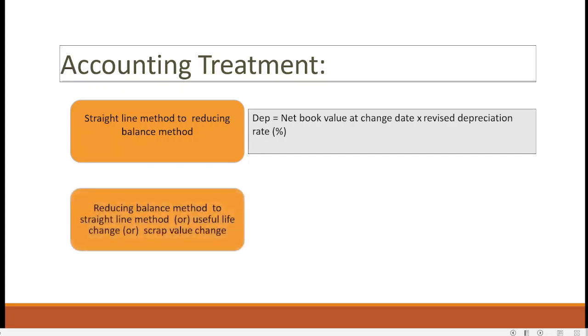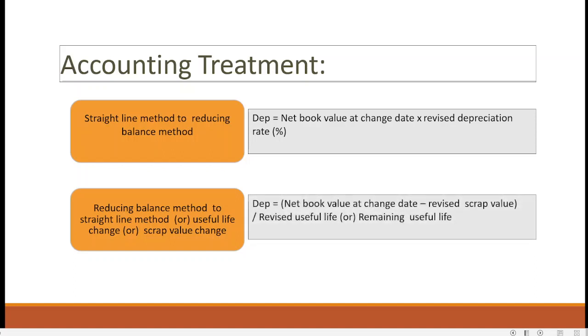Right? Or if you are changing from the reducing balance to the straight line, or a change in the useful life or change in the scrap value, then you will look at the residual value, the net book value as of that particular date, and adjust based on the remaining useful life of the asset, right? So that's the new value.